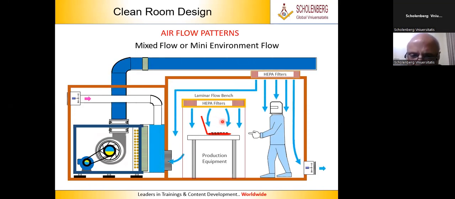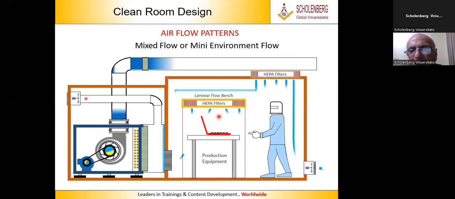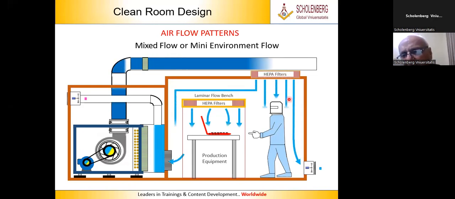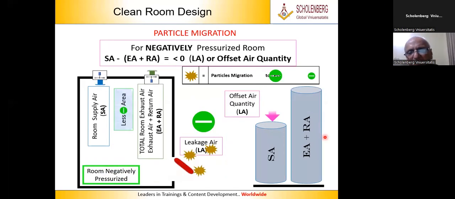That is kept here, maybe this is class 10, and this entire room doesn't require that level of cleanness. So it is a separate system. So we have mixed flow.